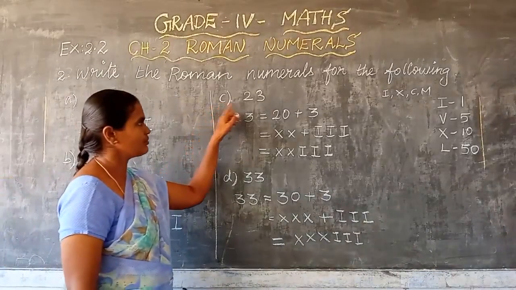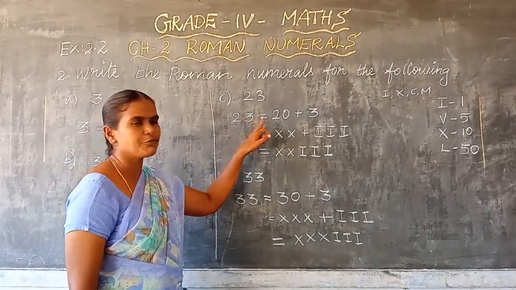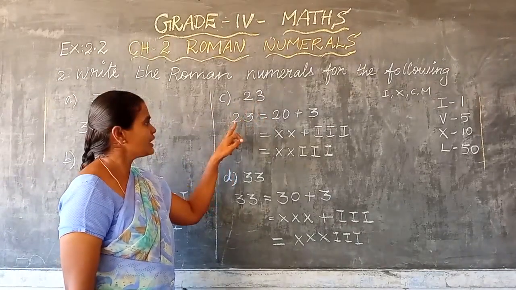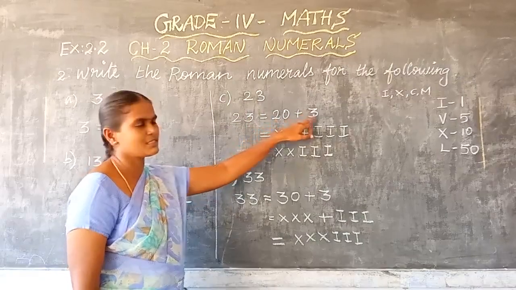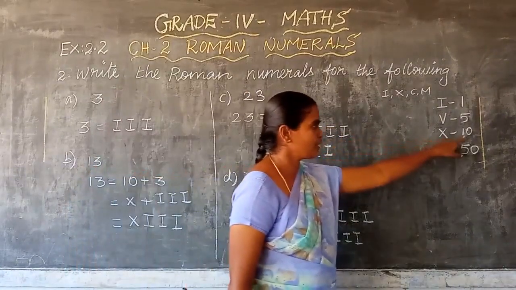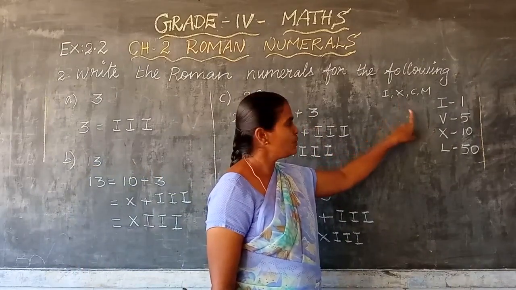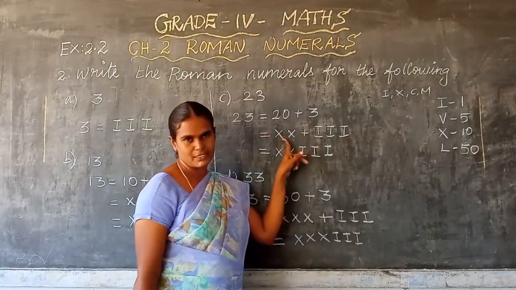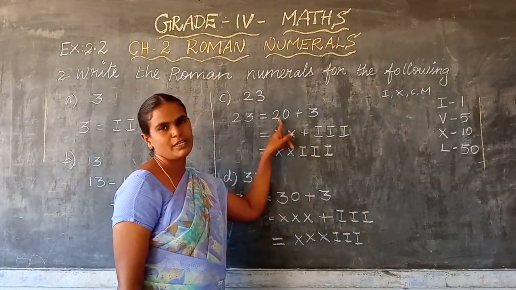Next is the C sum. Here given 23. First step, you write the expanded form of 23. Here 2 tens, 3 ones. So 20 plus 3. 20: X value 10. X we repeat a maximum of 3 times, so I am writing 2 times X. X value 10, so 10 plus 10 is 20.